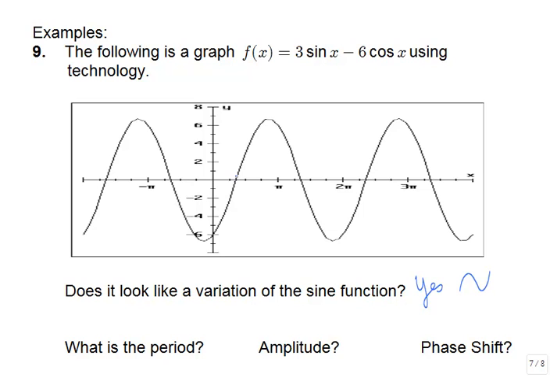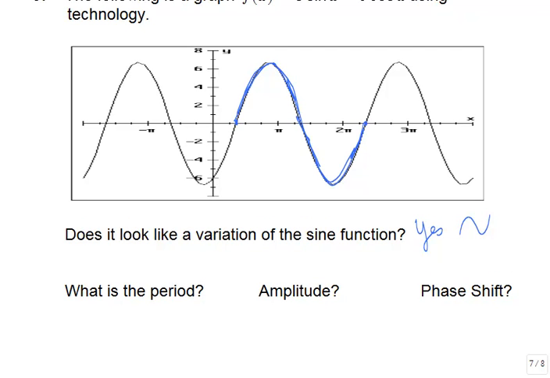And you can actually pick out part of that sine curve shape right here. So there's a typical sine curve shape. Now if you were to look at that particular cycle right there, what would you say that its period is, approximately?